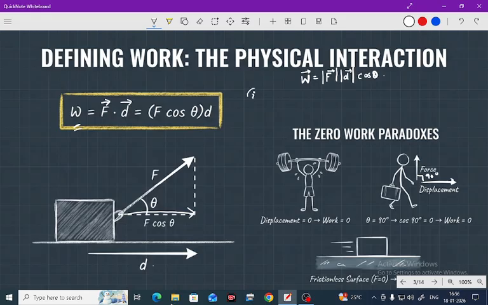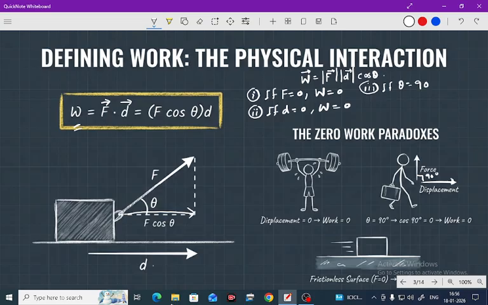Number 1, if force is 0, then work done will also be 0. Number 2, if displacement D is equal to 0, then work done is also 0. And third point is that if theta, the angle between force and displacement, is 90 degrees, then the work done will also be 0.